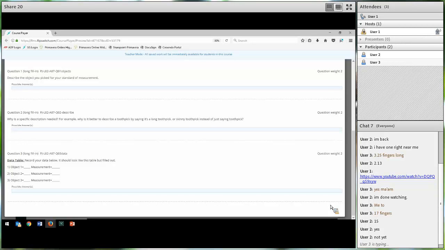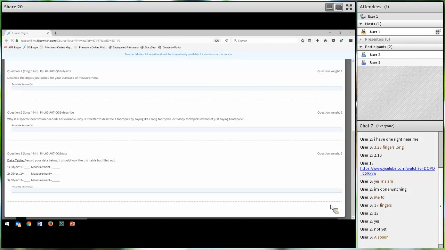What are some common objects that people know what they are? A spoon, good. So maybe you could do the length of a spoon, or you could do the width of a spoon. You'd want to describe what kind of spoon you're using, if you're using a soup spoon, or a little teaspoon.